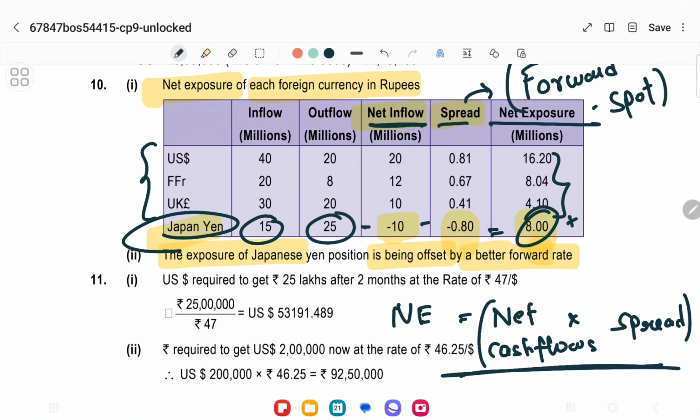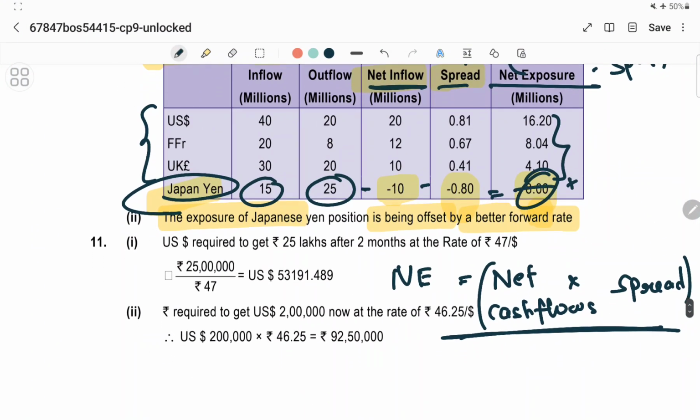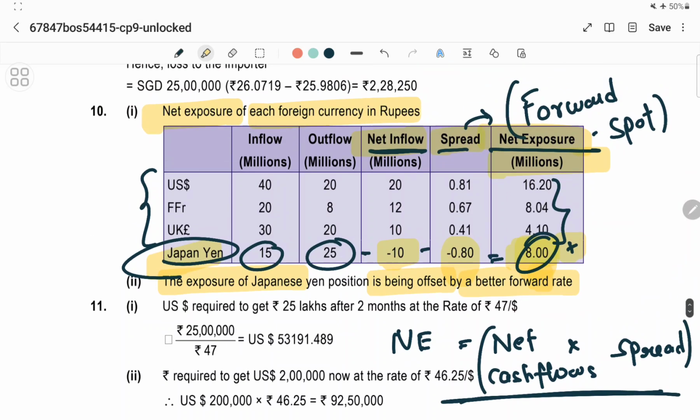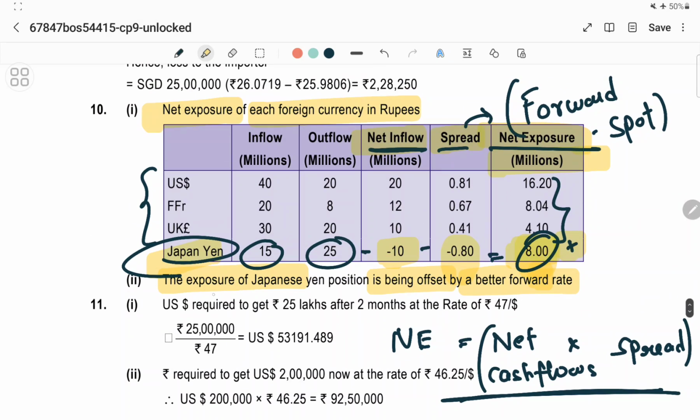So, 8 million net exposure, positive. The exposure of the Japanese yen position is being offset by a better forward rate.